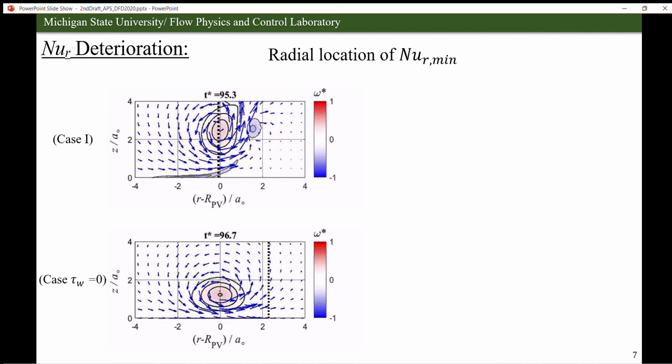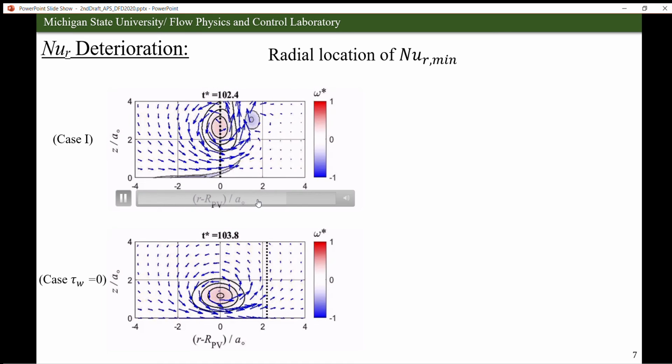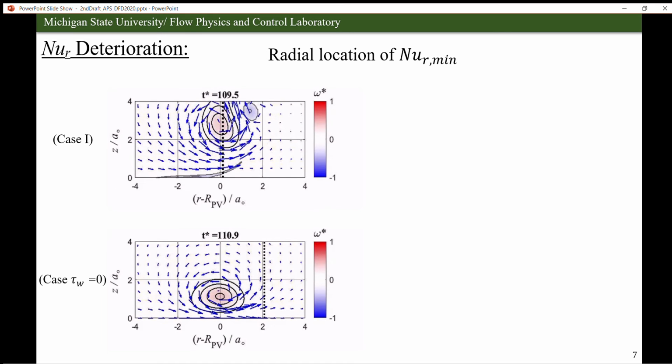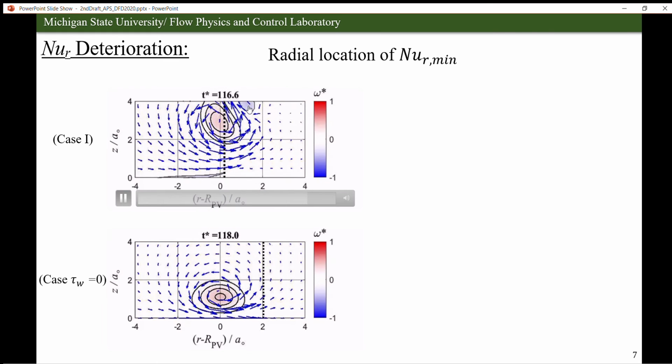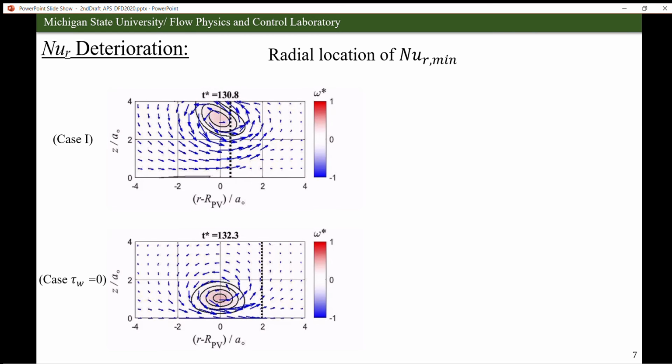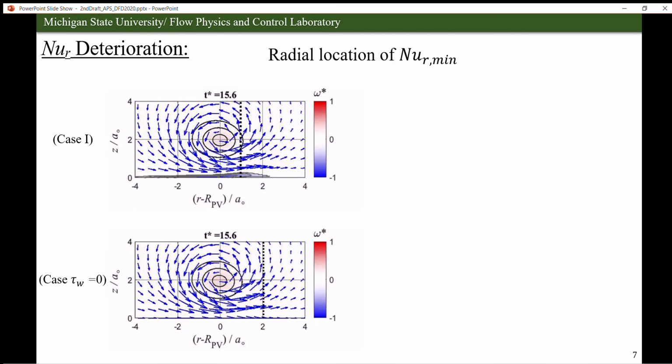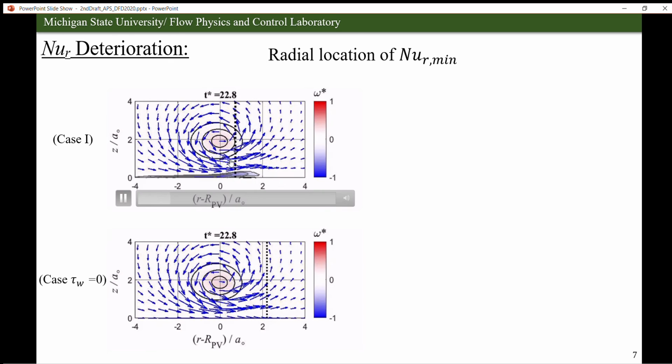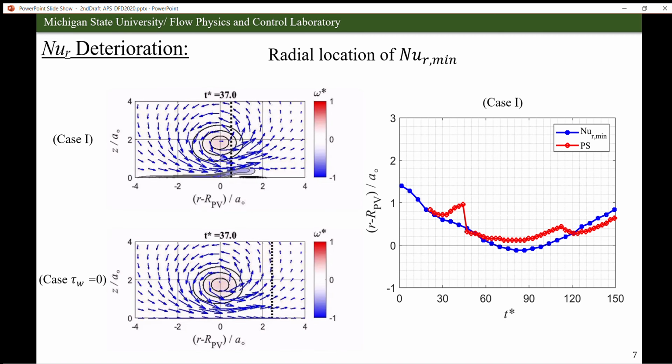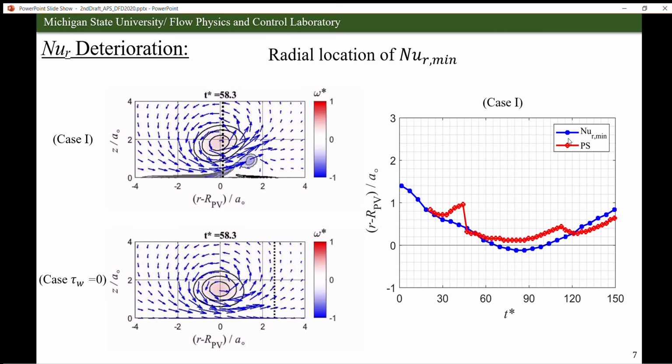And we see the separation of the shear layer lifting up, and then the formation of the secondary vortex. So the synchronization and movement between the separation point and minimum Nusselt number supports the idea of blockage of the separated shear layer, as in this figure, where we show the radial location of minimum Nusselt number and the radial location of the separation point.